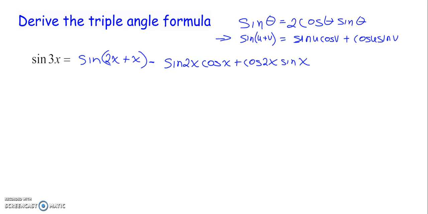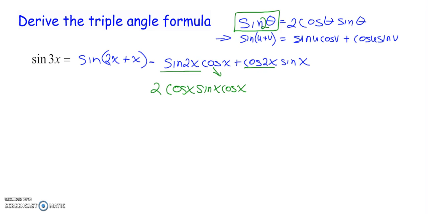And now I can use two of the formulas. I can use the double angle formula, which I had incorrectly written there. And I can also use the cosine formula, which I didn't actually put on the board yet. So let's expand this. The first one is going to be 2 cosine x sine x, and then I'm going to recopy over this cosine x. That's the whole first term.